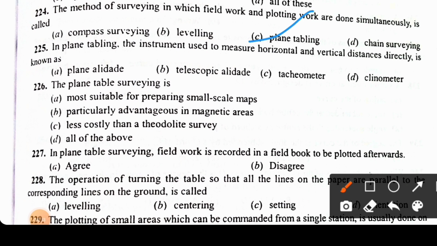225 number question. In plane tabling, the instrument used to measure horizontal and vertical distances directly is known as telescopic alidade.